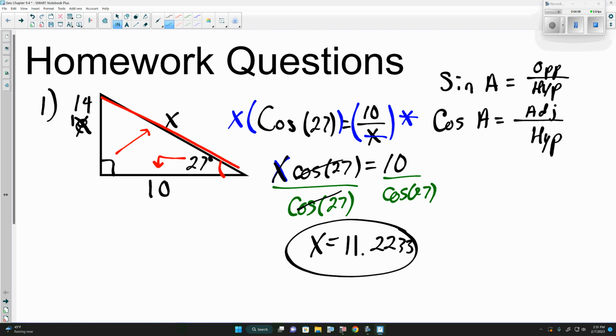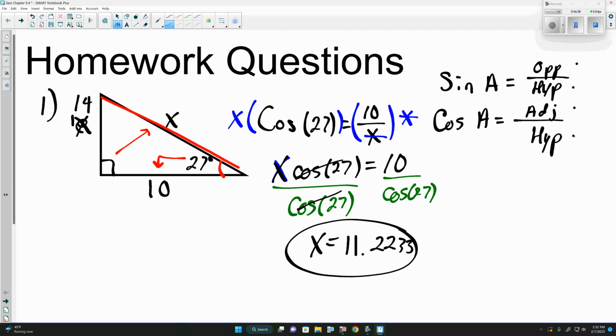Sine, we use if we're given the hypotenuse and the opposite side of the angle. Cosine, we use if we have the adjacent side and hypotenuse of the given angle.